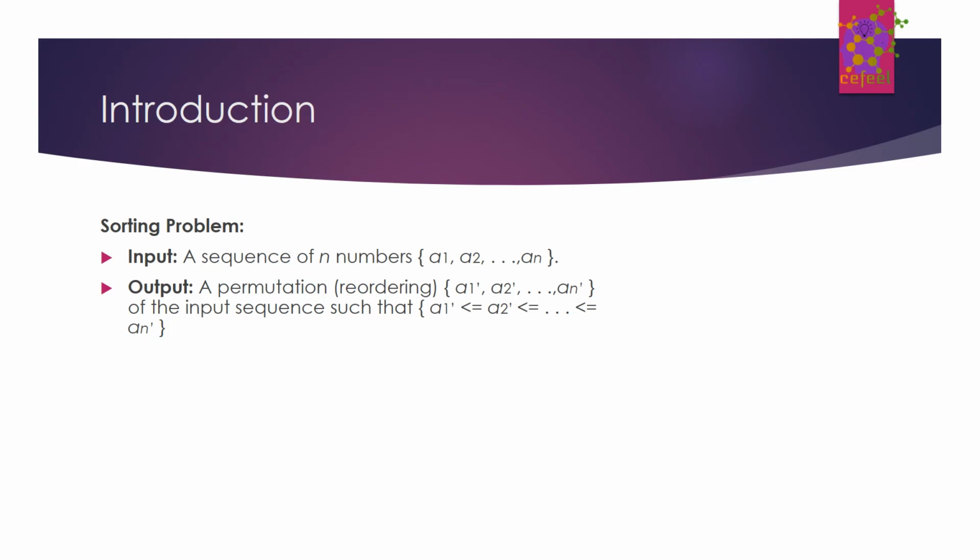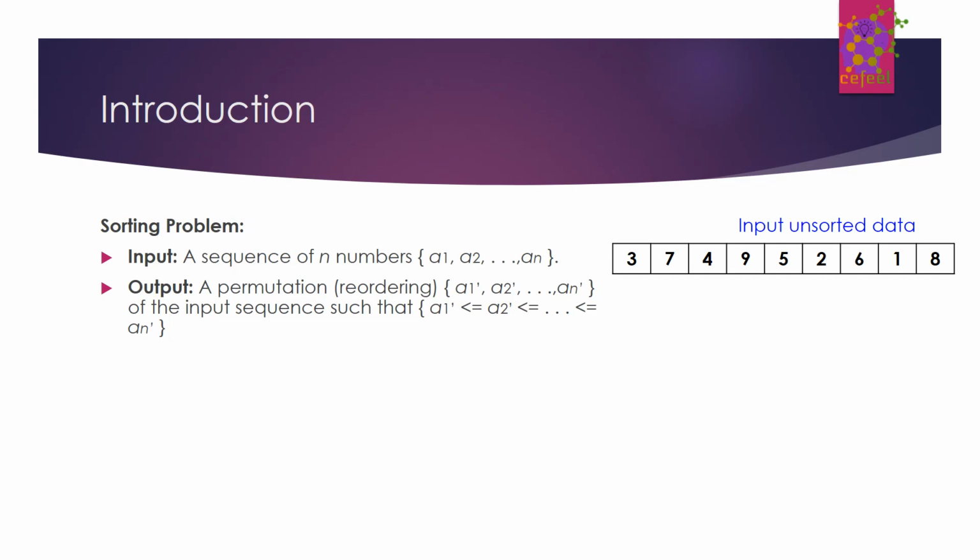As I already mentioned, this is one of the very important problems in computer science algorithms and data structures. It is one of the most discussed problems, especially at the undergraduate level.